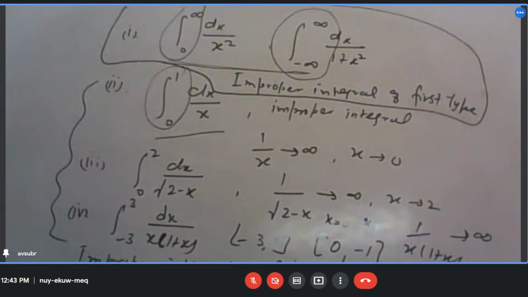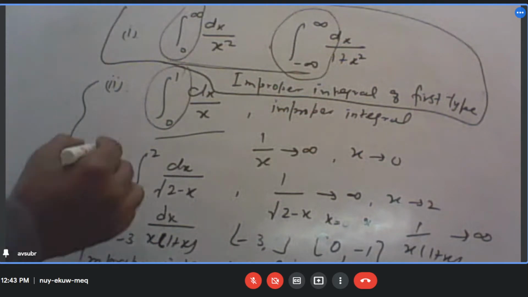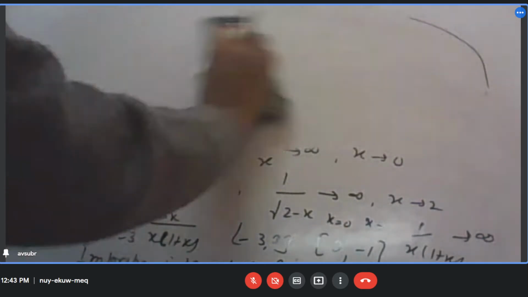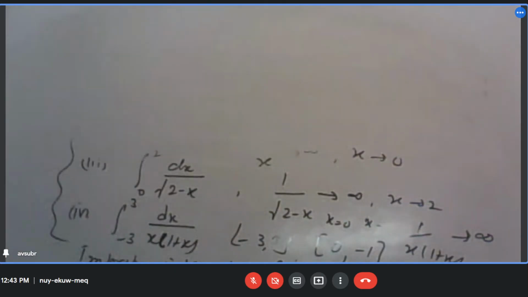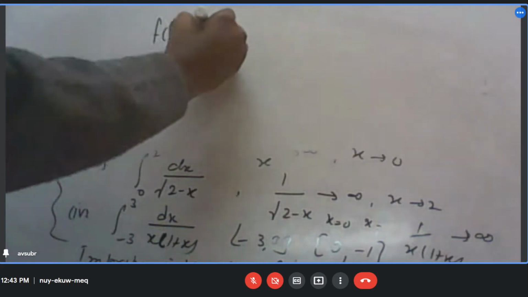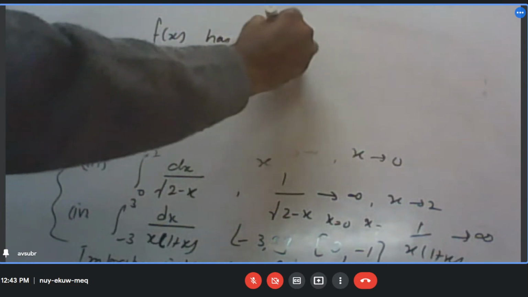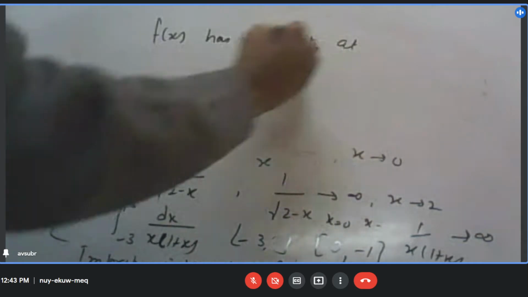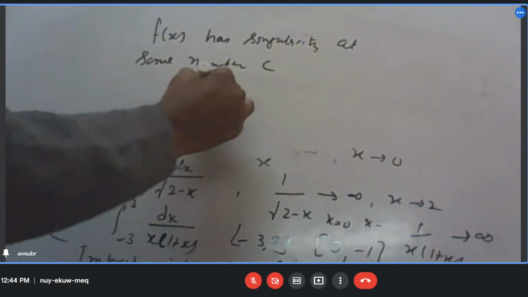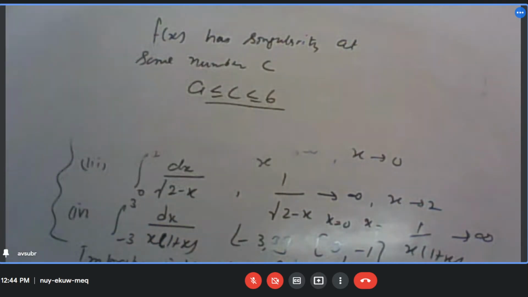So here, this kind of integral is known as an improper integral of the second type, where this function f has a singularity at some number c, which is between a and b.